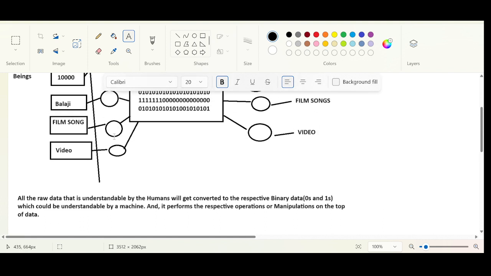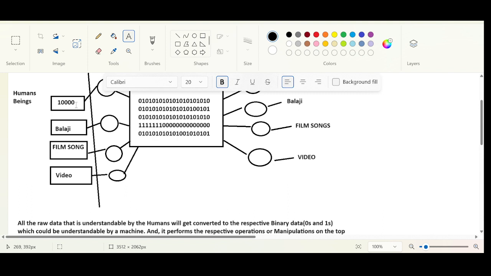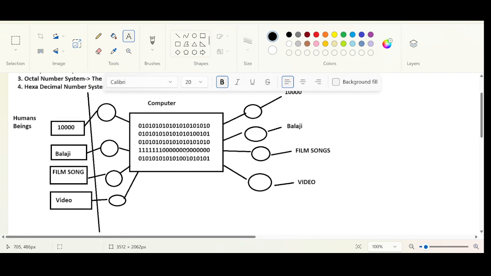Any data, whether in the form of a number, a name, a song, or a video, any data that is visibly seen, heard, or imagined, whatever data you come across in day-to-day life, can be converted into the equivalent binary number. They are nothing but zeros and ones.